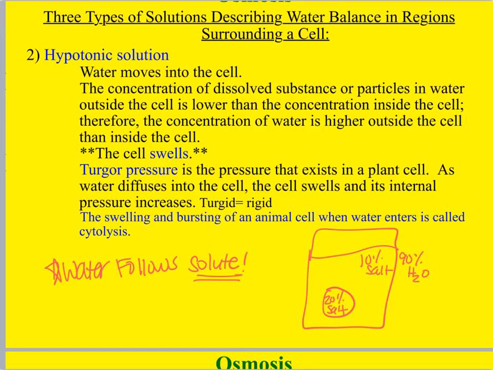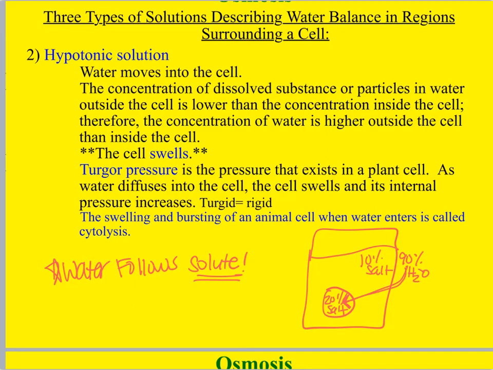Your high amount of water is on the outside, so water goes from high to low amount, because it would be 80 on the inside. So high to low, water movement, or you can think of it the opposite way. Water follows the solute. The most solute is 20% inside of the cell. Either way you look at it, water goes in. So water moves into the cell, causing the cell to swell.